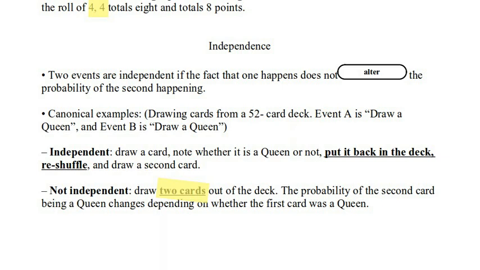First, there are no longer 52 cards in the deck, so the denominator is different. Similarly, we're interested in drawing a queen, but there are fewer queens now. If there were 4 to begin with and we drew 1, there's only 3 left. So the numerator and the denominator have changed. By not putting that first card back, we have altered the probability of the second event. So in that case, the events are not independent.